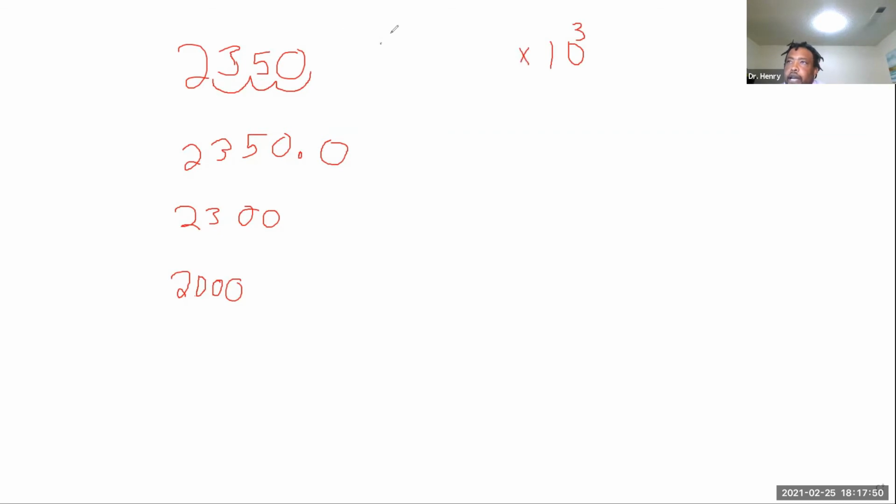You put the decimal right after the first number, so you'd always have one integer there. 3.5. So this is it in scientific notation.